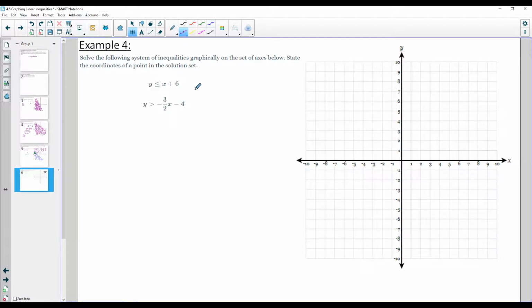So let's do one last one, and we'll do this one in purple. y is less than or equal to x plus 6, so plus 6, and then slope of 1, however you want to graph that. Right, and that's going to be a solid line, and I'm going to do my best to graph it.